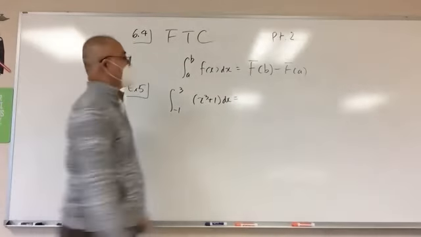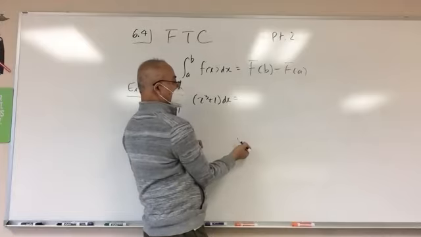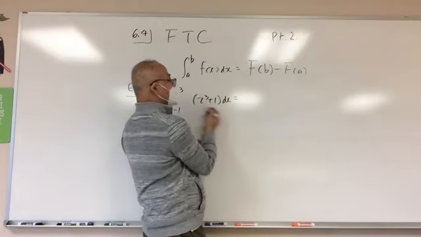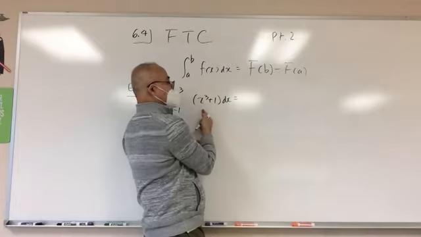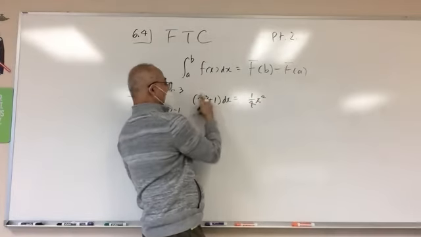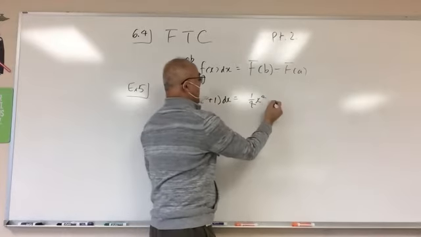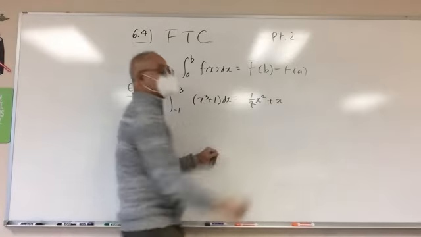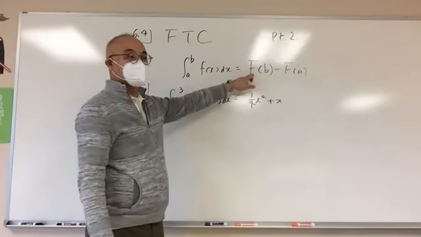It's the antiderivative. What do I take? When I take the derivative, I have to get this. So it'll be 1/4 x to the 4th. That gives us that. And to get 1, what do we need to have? We need to have x, right? So this would be your large F of x.